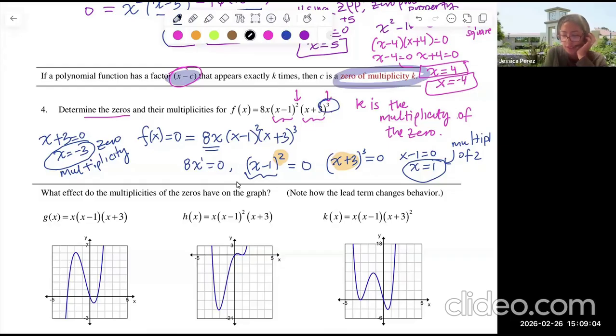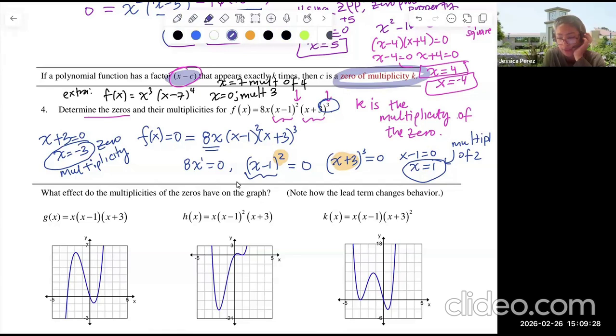So if I do an extra example, if I have f of x to be x cubed times (x - 7) to the fourth, I have x equals 0 to be the zero with multiplicity of 3, and x is equal to 7 with multiplicity of 4.